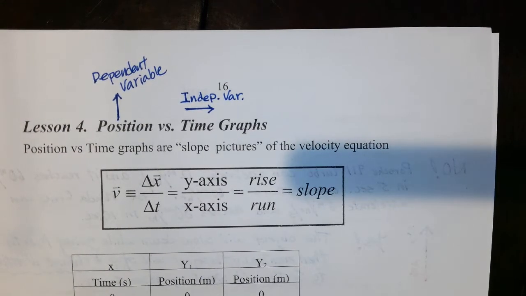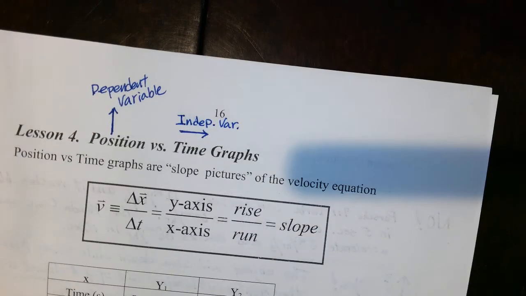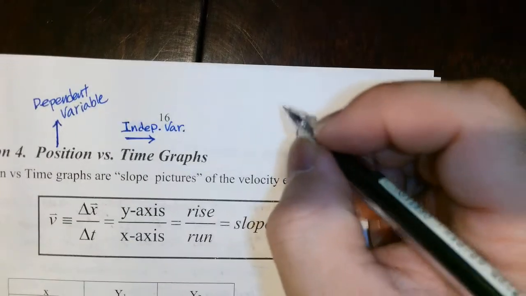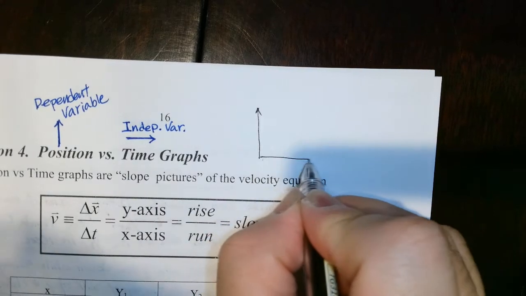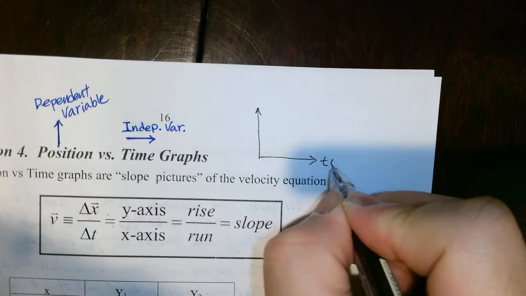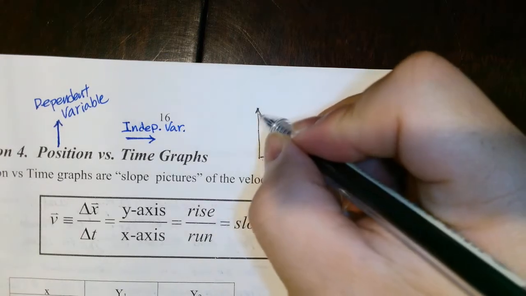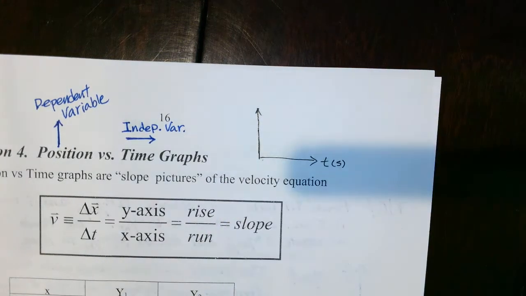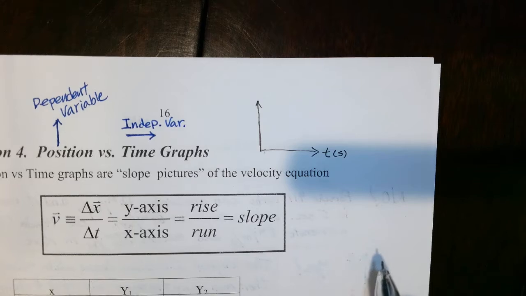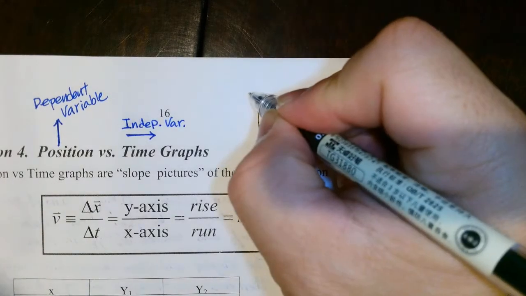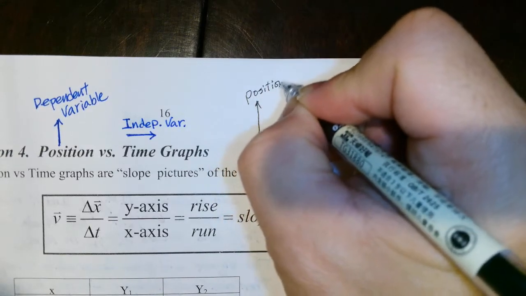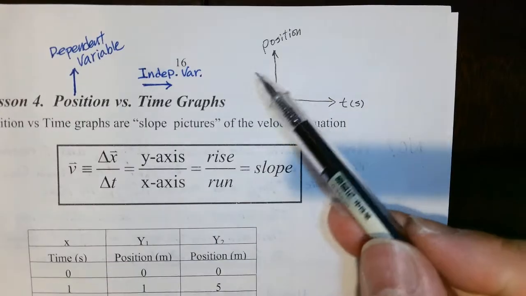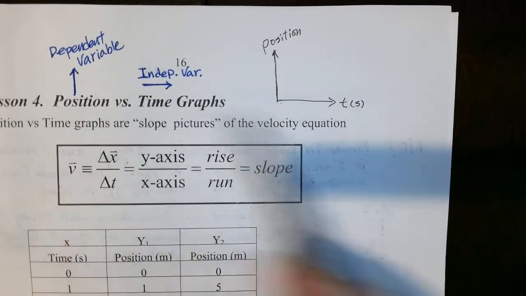So anytime we see a graph of motion, most likely we will have time as the horizontal axis, and the vertical axis is going to be the position. Now, position can be represented as x if we were going x-axis only.